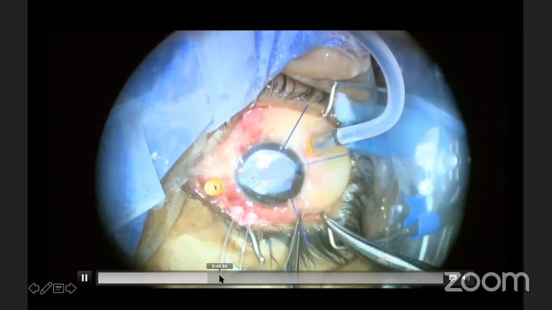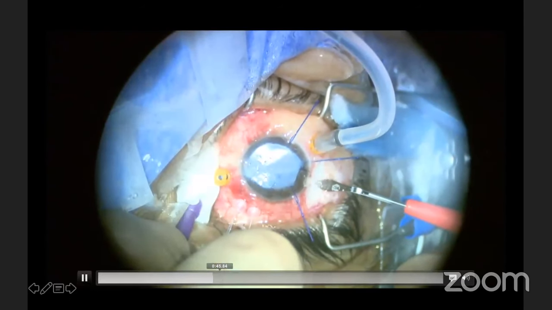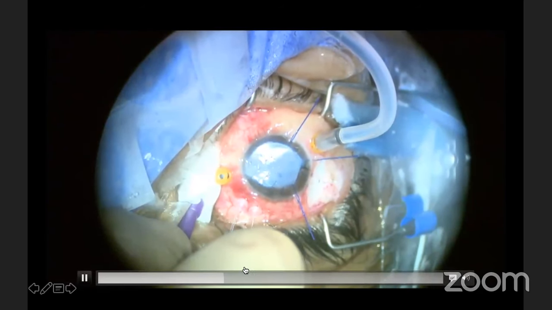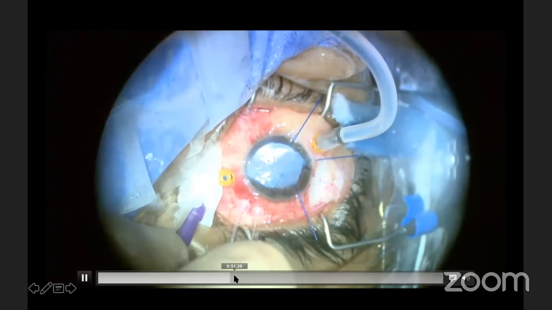After removing all of the vitreous hemorrhage and identifying the foreign body, we performed a sclerotomy and then introduced the serrated forceps, the foreign body forceps, to hold the foreign body. It was very large, and there were adhesions to the retina, so we had to release them bimanually. We had the chandelier light in place.